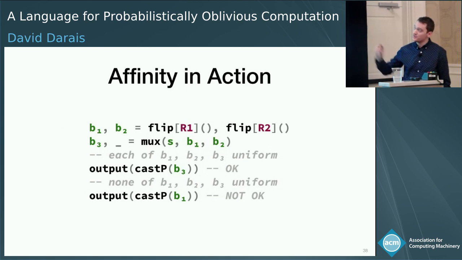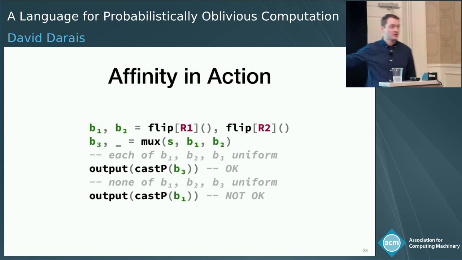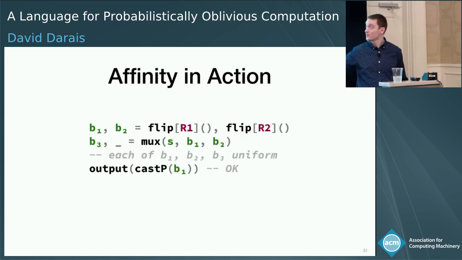The answer to that question is this is not a terribly representative example of the issues. Let me put it another way. To implement ORAM, you need this cast P thing. You have to have it. So you need this escape hatch from casting from secure stuff to public stuff, and you can do it kind of any way you want. So the first two examples, you could reveal B1.